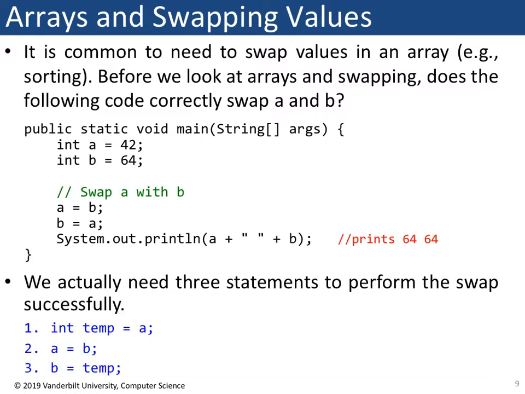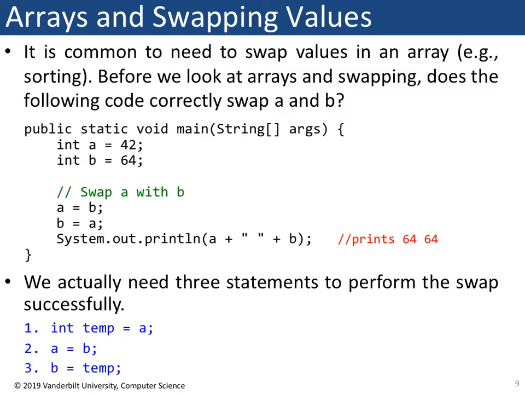What we actually would need to do is to declare a temporary variable, set it equal to A, assign A the value stored in B, so A would take on the value 64, temp has already taken on the value 42, so temp equals 42, A equals 64, B equals 42.